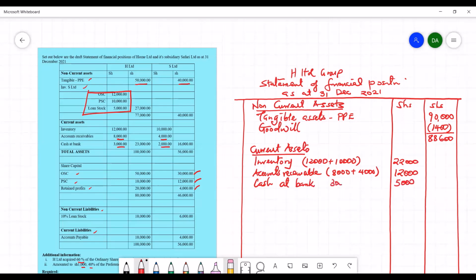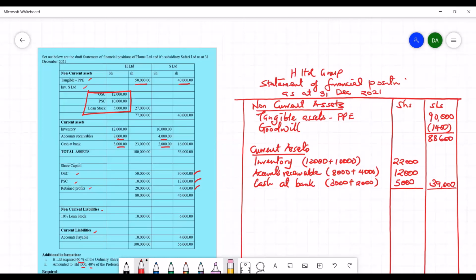That is if we add 3,000 plus 2,000 for subsidiary and parent company. The total of the two is going to be 39,000. So we have 39,000, which is the total current assets.